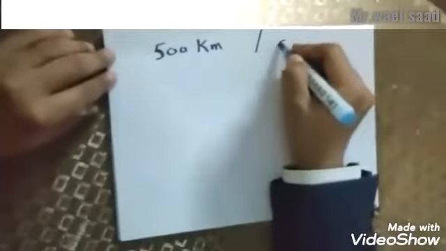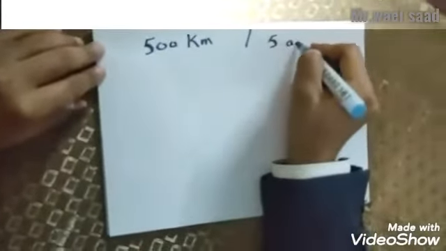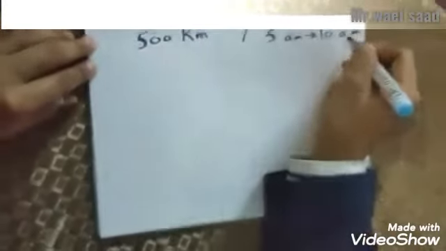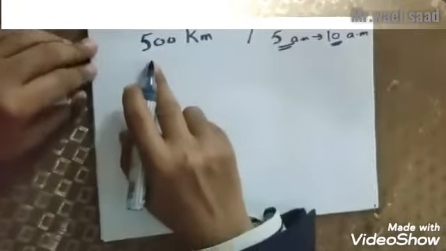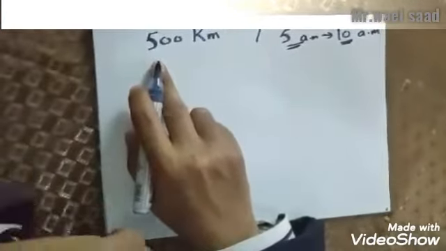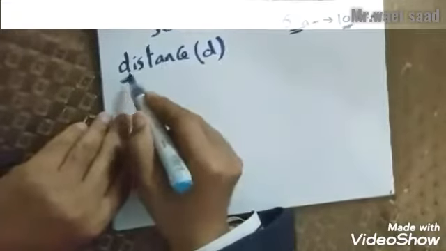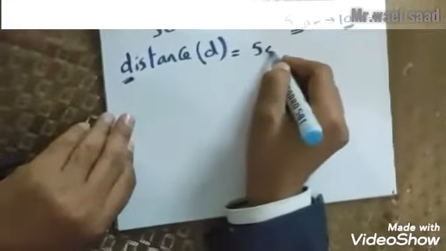I started motion from 5 a.m. to 10 a.m. Okay, what is the name of this amount or this value? 500 kilometers. Yes, it's distance. So distance, or D is the abbreviation, the first letter of distance, equals 500 kilometers.